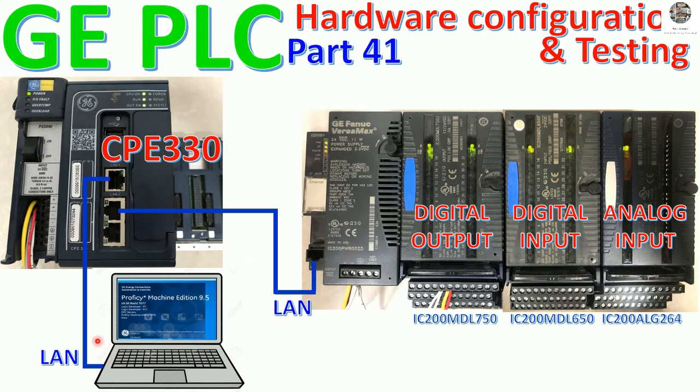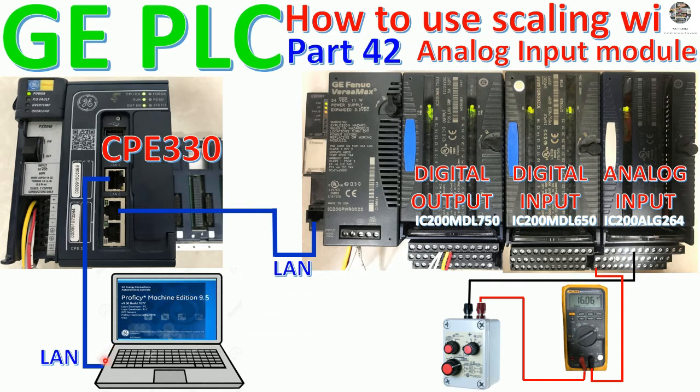And I already connected the LAN cable from my PC to LAN number 1 of CPE330. So this is just wiring, and I will explain more in detail with this drawing.